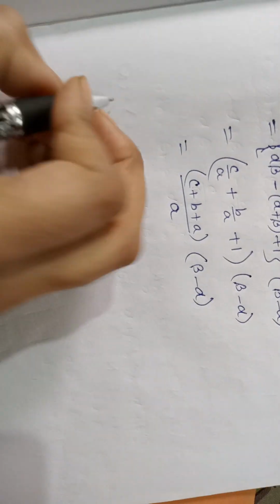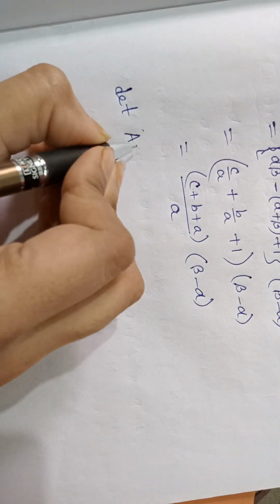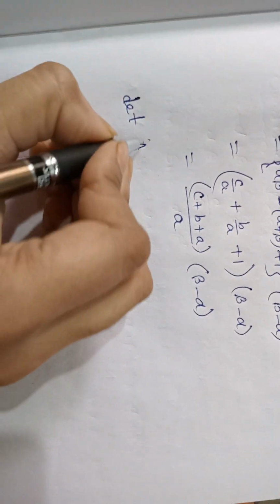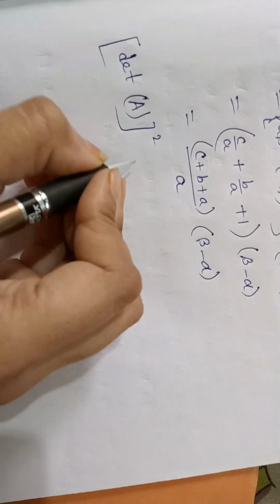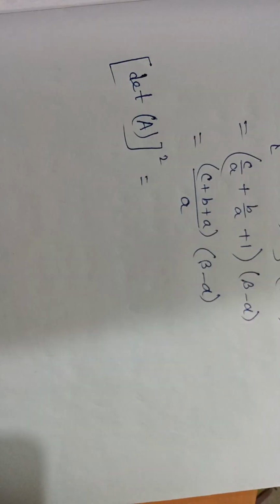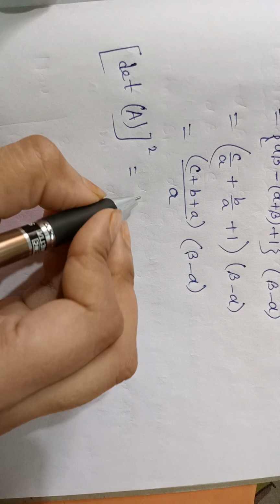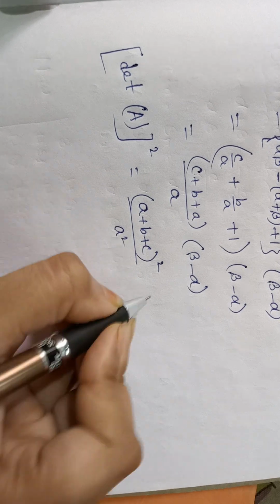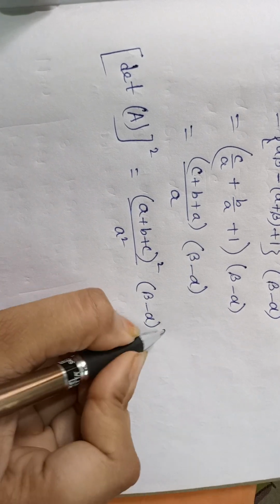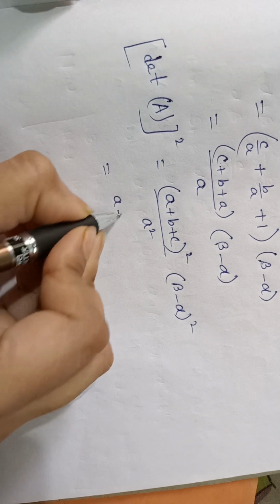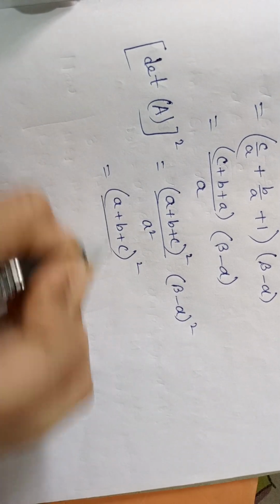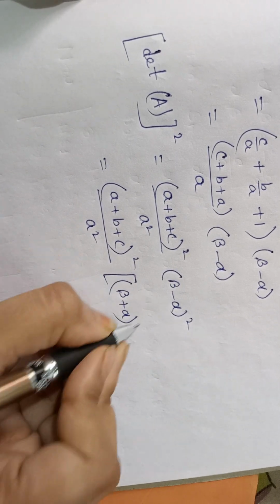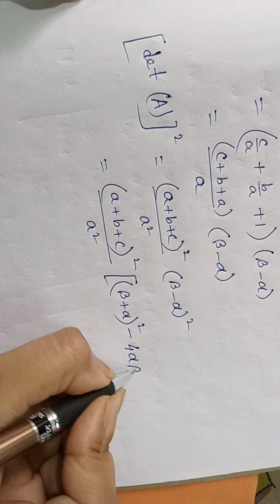So by squaring we get determinant of A whole square, that is a plus b plus c whole square by a square, beta minus alpha whole square. And beta minus alpha whole square can be written as beta plus alpha whole square minus 4 alpha beta.